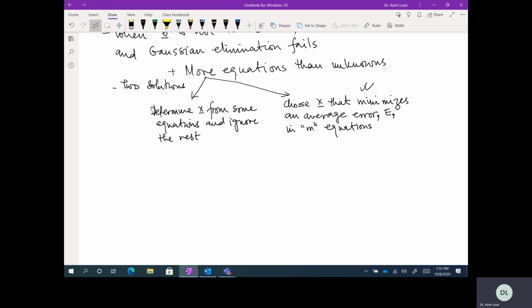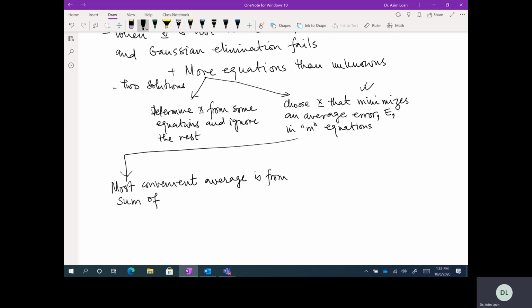The most convenient average is from a sum of squares.